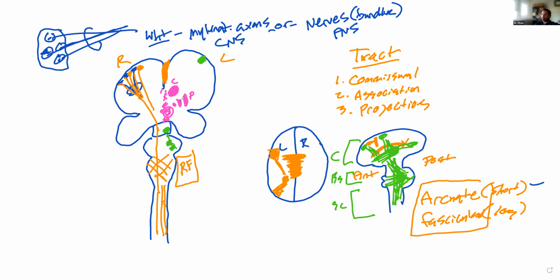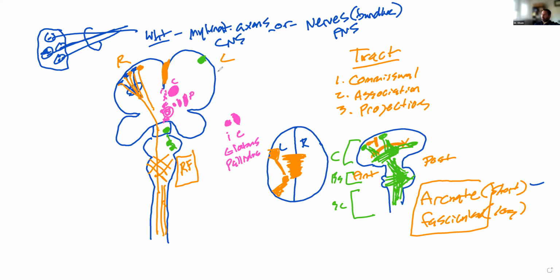And if you look at these two structures here, we'll draw them like this. Okay, you have the interna and externa of the globus pallidus. Okay, so it's these two small structures right here.